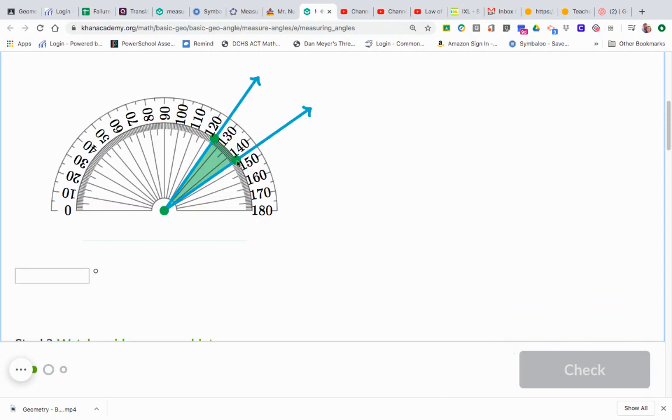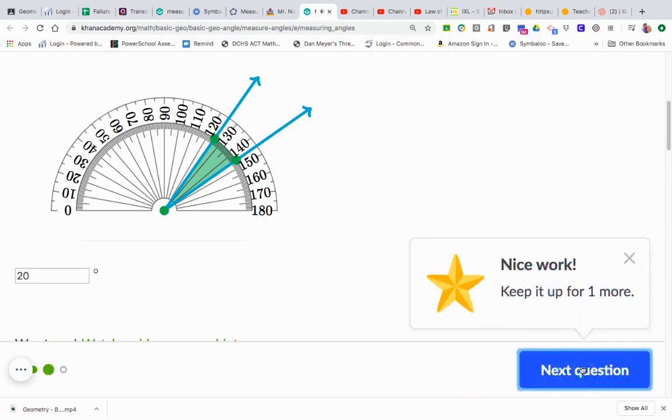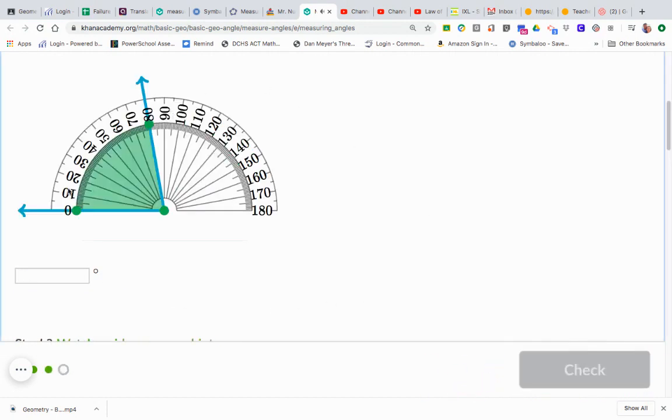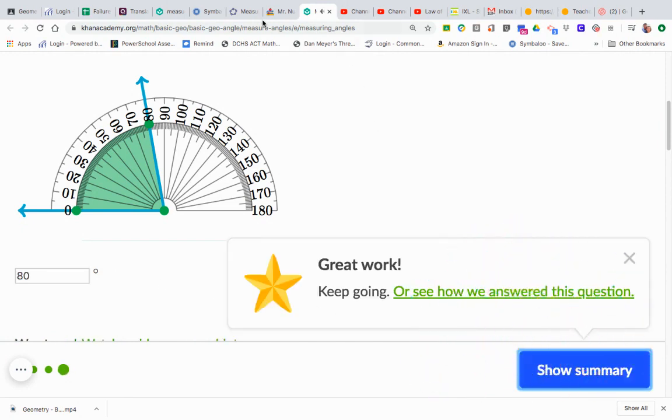Same thing here. If I read these numbers, that's 125 to 145. So I'll subtract that. That's a 20-degree angle. Okay, now here's one where the initial side is here. So top numbers are going to tell me that that is 80 degrees. Okay.